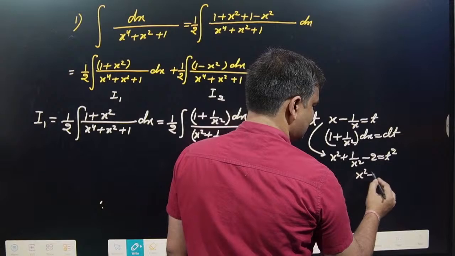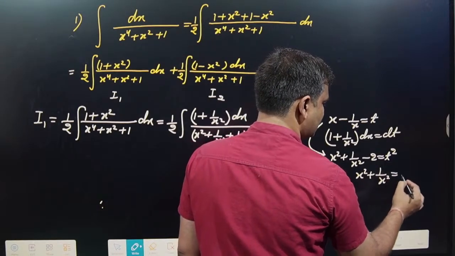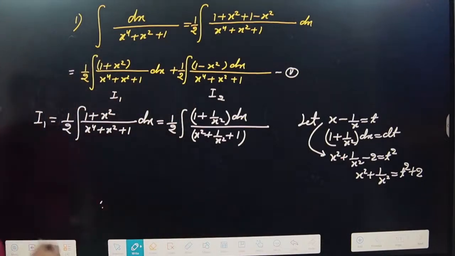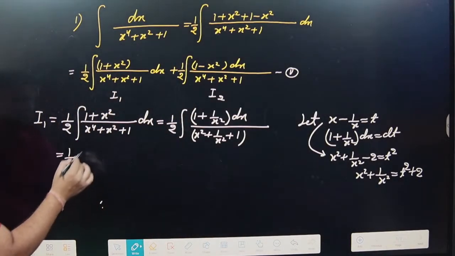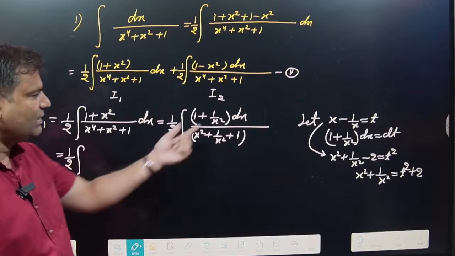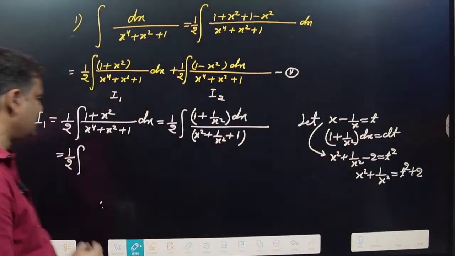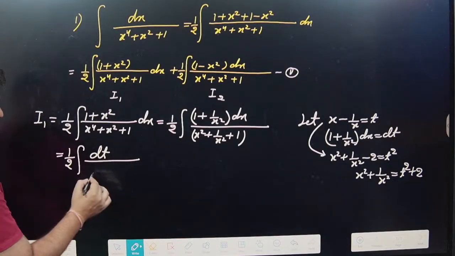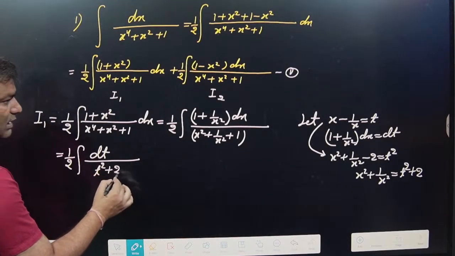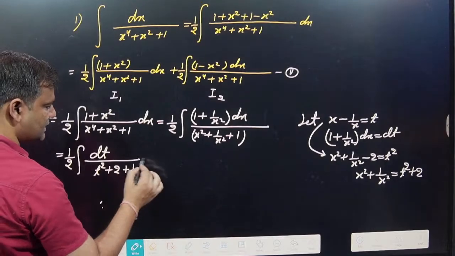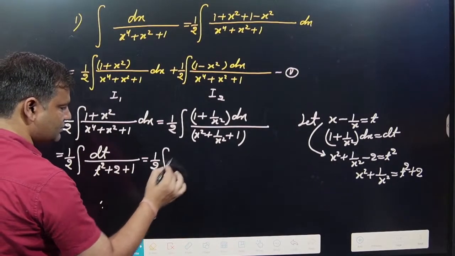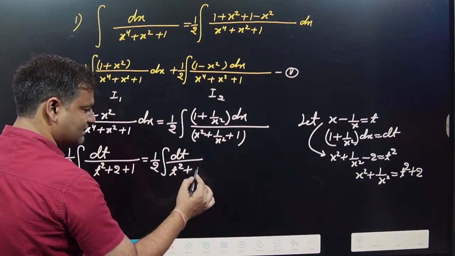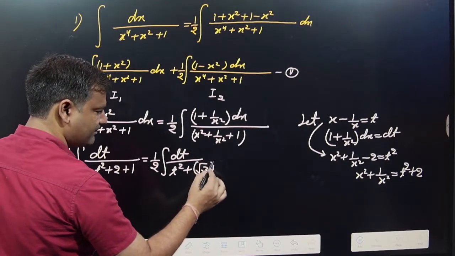Now 1 by 2 into dt divided by t square plus 2 plus 1. So you can say 1 by 2 into dt divided by t square plus 3. 3 is also written as root 3 to the whole square.